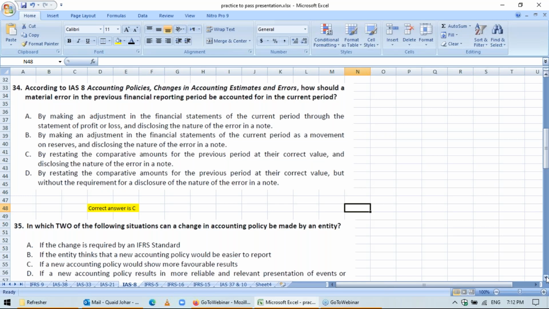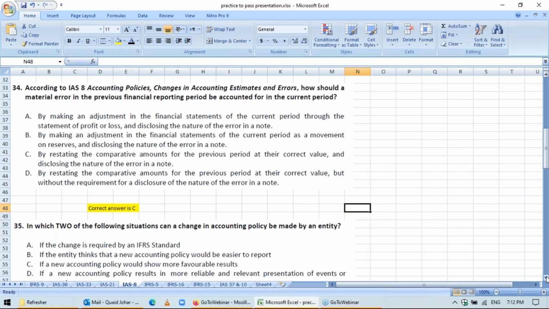We have to restate the previous year's amounts, and then along with it, you have to give a disclosure as well. Because once you restate the financial statements, people will compare them with last year's financial statements, and that won't match.